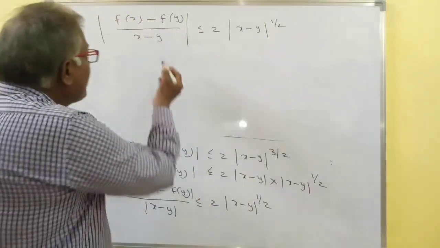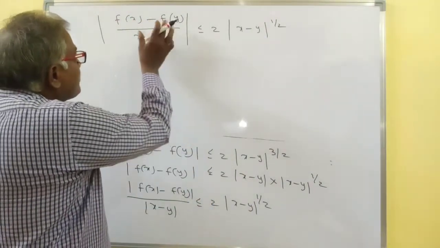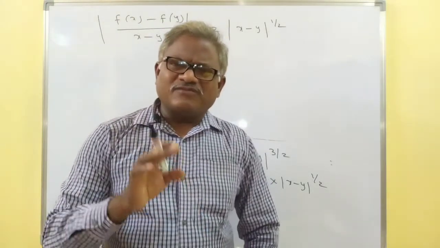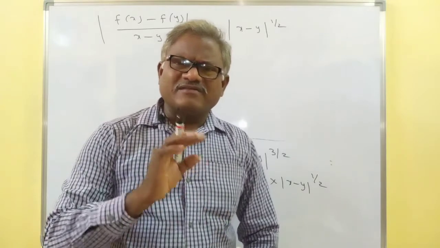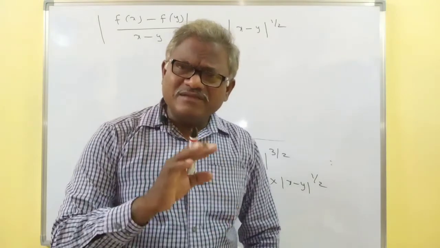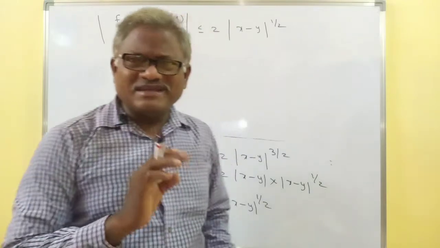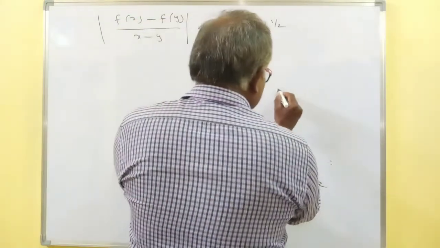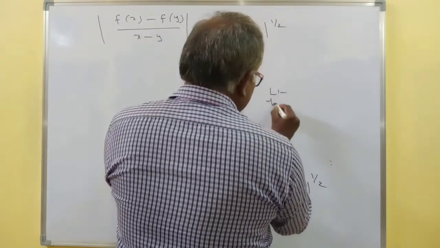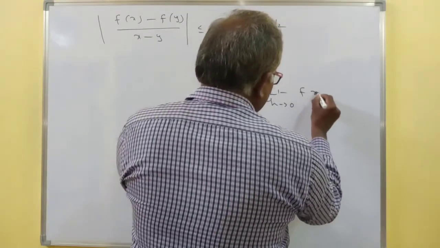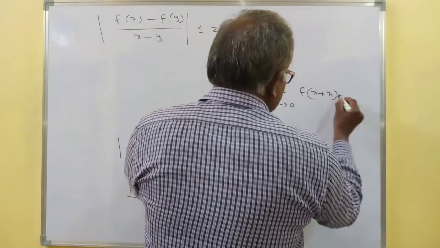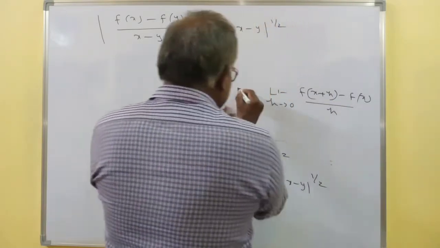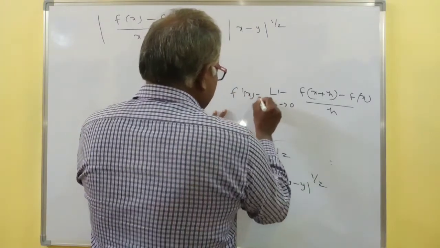So, you have to convert this one into the definition of our first principle of derivative. What is derivative? Limit h tends to 0 of f of x plus h minus f of x by h. So, this is nothing but f dash x. Okay.